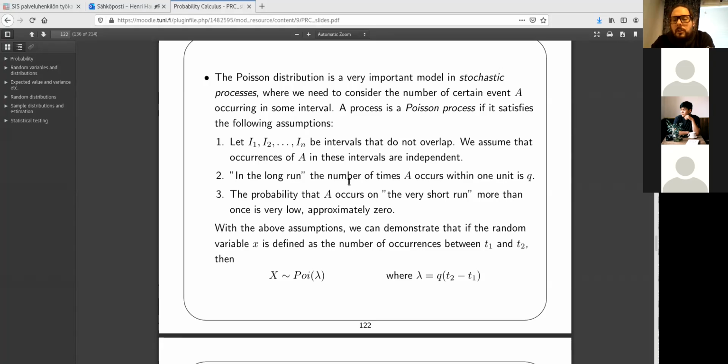So if we have non-overlapping time intervals, let's assume that we have this radioactive material that doesn't have a very short half-life. It doesn't work if it has a very short half-life because most of it will be gone tomorrow.